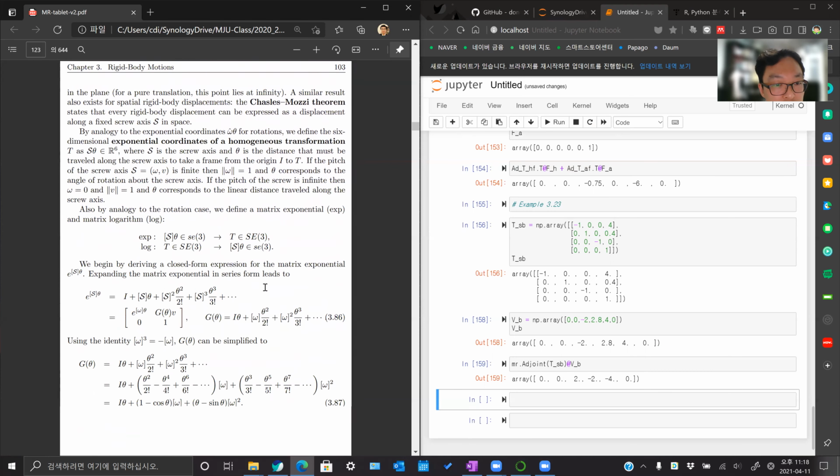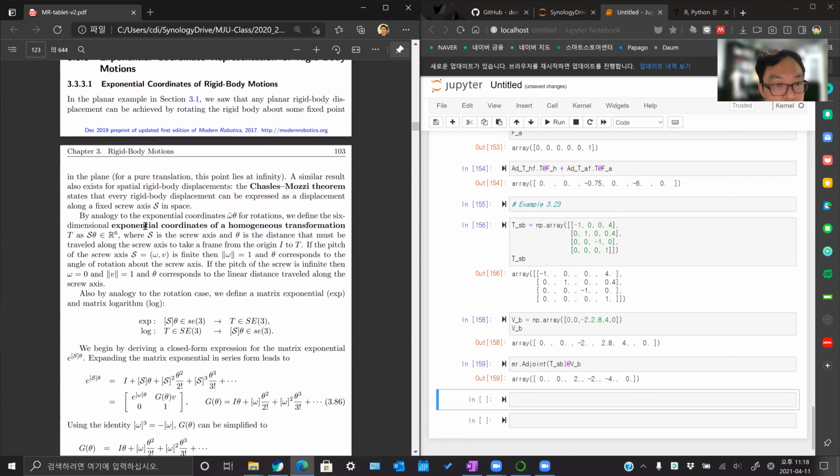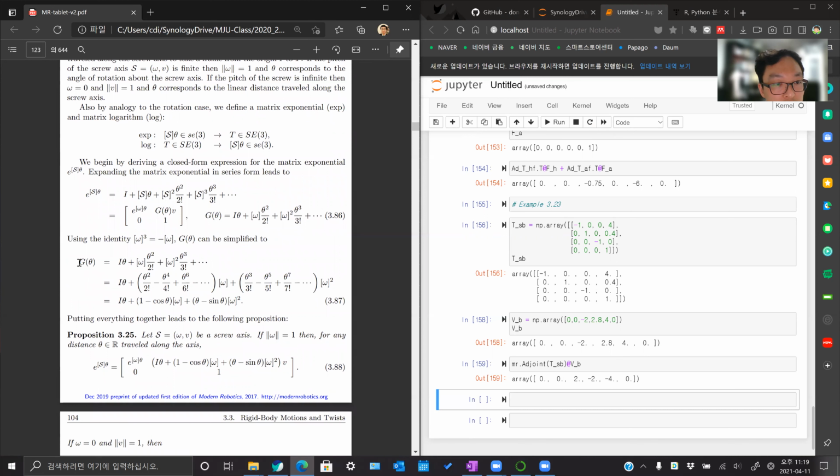In here we learned about the exponential coordinate of homogeneous transformation using screw axis multiplying theta. So this goes to T, the homogeneous transformation T. And the position vector can be calculated by G(theta) multiplying V. So this V is this one.